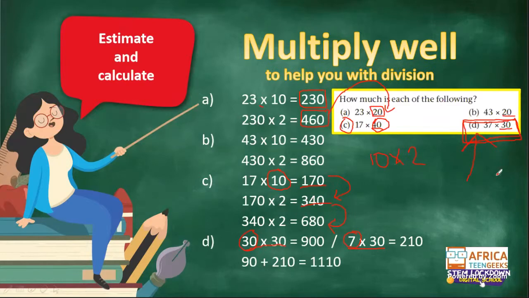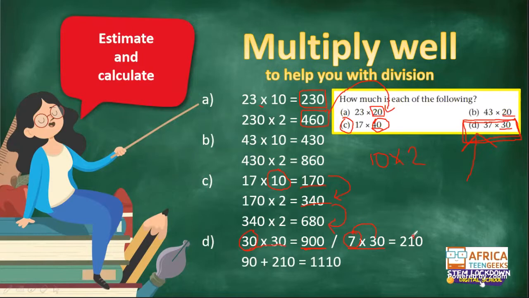I go 30 times 30, that's easy, right? Because 3 times 3 is 9. There we go. And I have a 0 here and I have a 0 here. So it's 2 zeros that I add. I hope you guys understand this. And then what's left is 7 times 30. So forget about the zeros first. You just do 7 times 3.